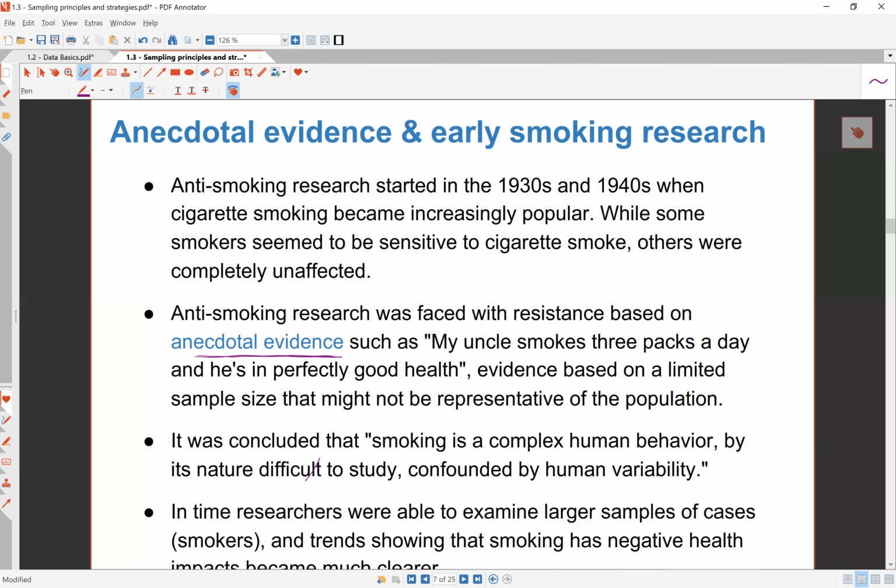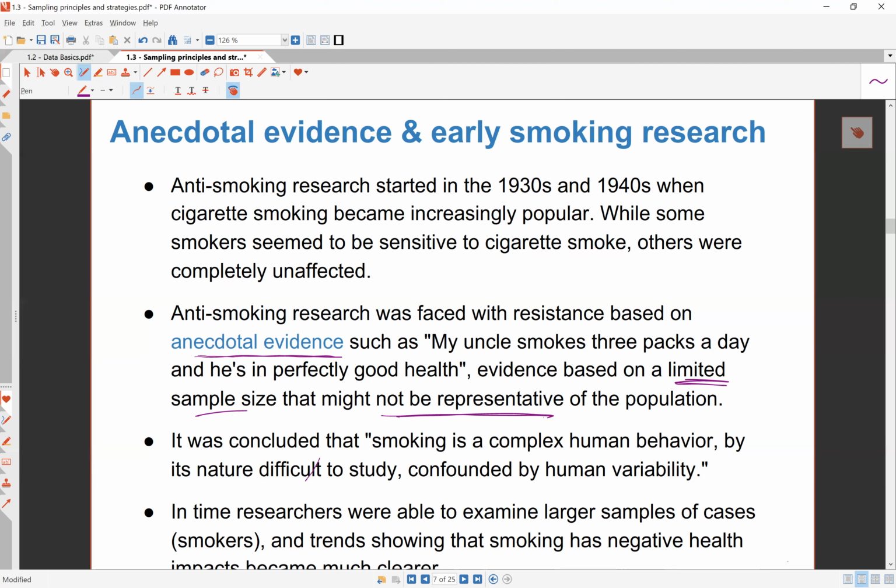It's a single observation. Or anecdote is a story, right? It's just one person making a statement about what they believe to be true. So it comes from a very limited sample size, usually a sample size of 1, and might not be representative of the larger population.